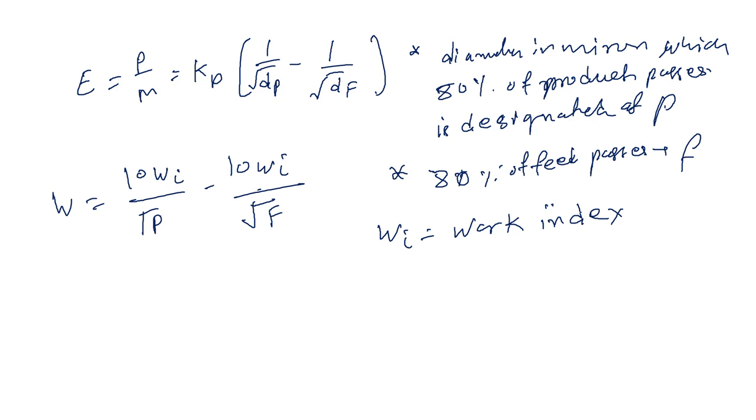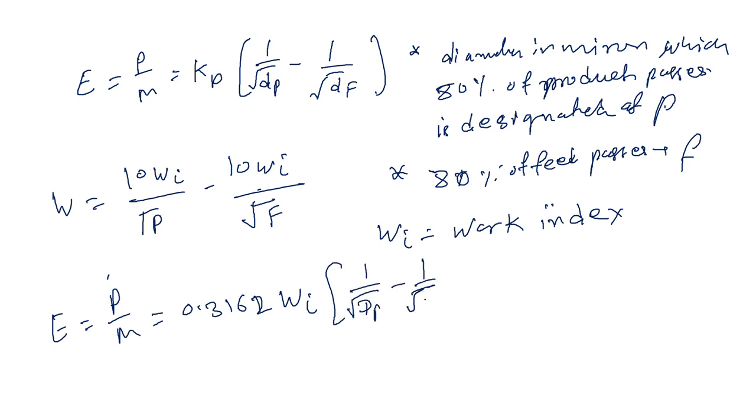In the form of the work index, we can write this law as E is equal to P by M is equal to 0.3162 Wi times (1 by root dP minus 1 by root dF).